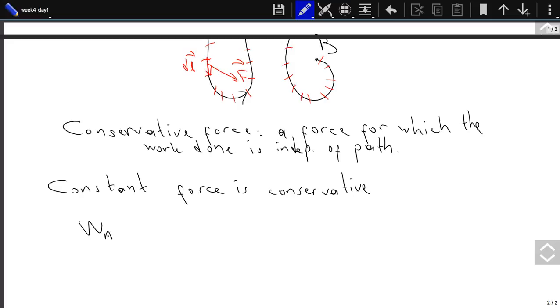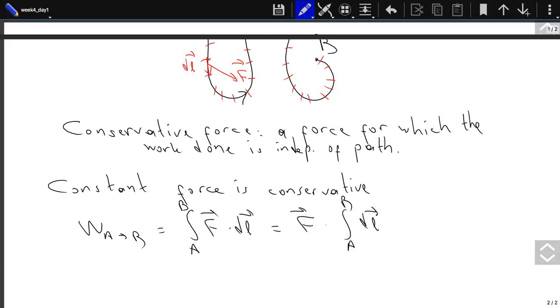Now, to show this, let's just look at the expression of the work from A to B. Well, if the force is constant, I can just take it out. This will be the force, scalar product, integral from A to B of dL. Now let's see what this means.